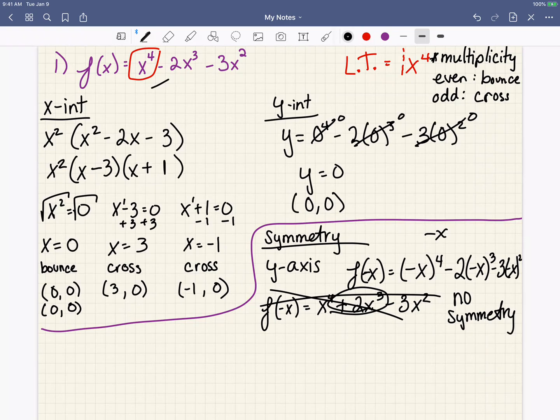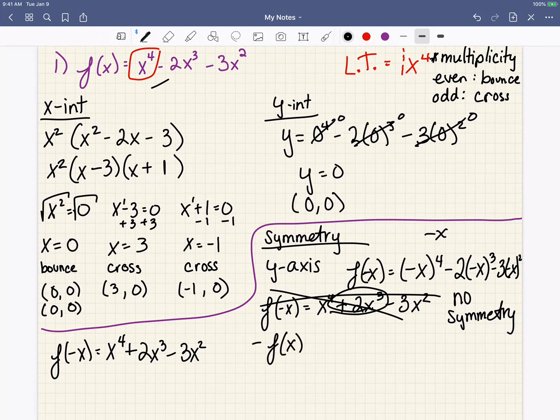So I already know that when I plug in f of negative x, it's going to give me x to the 4th plus 2x cubed minus 3x squared. So basically, if this answer equals what I'm about to do, they'll have symmetry on the origin.